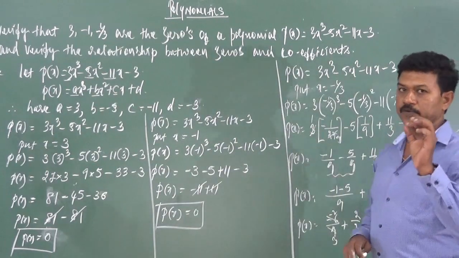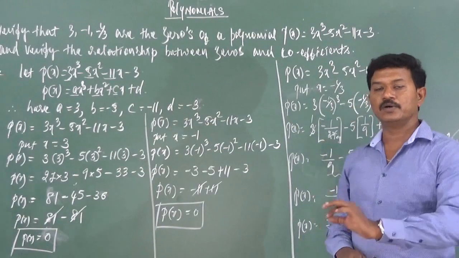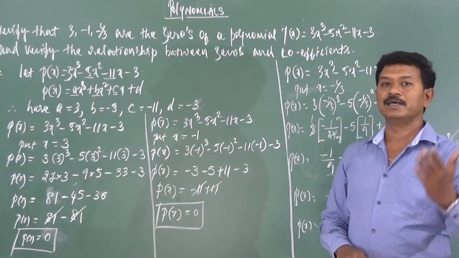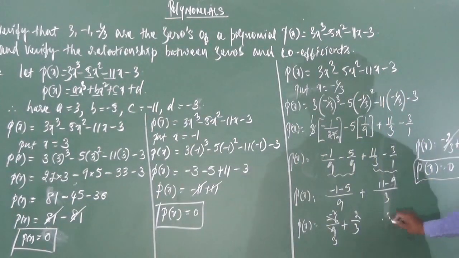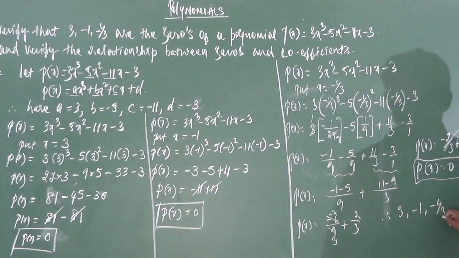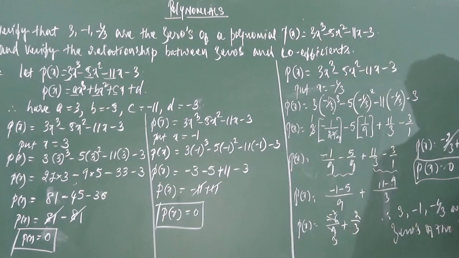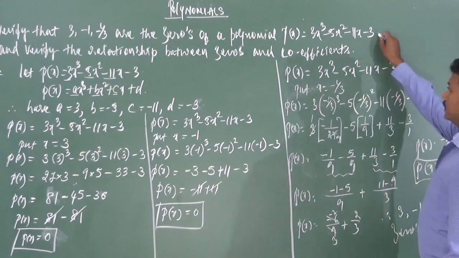So when you substitute a value to a polynomial and that polynomial value becomes 0, then the value what you substituted to the polynomial are called the zeros of the polynomial. So therefore 3 comma minus 1 minus 1 by 3 are zeros of the polynomial, that is P of x. So this is the first part of the question we have answered, that is until here.